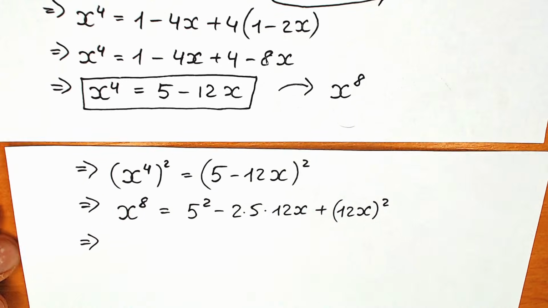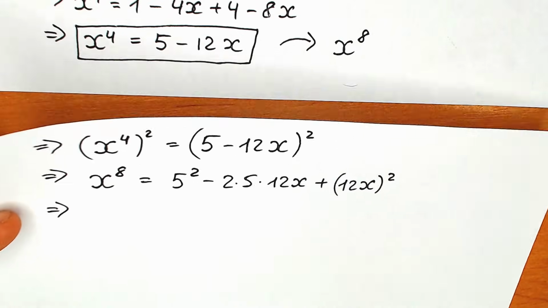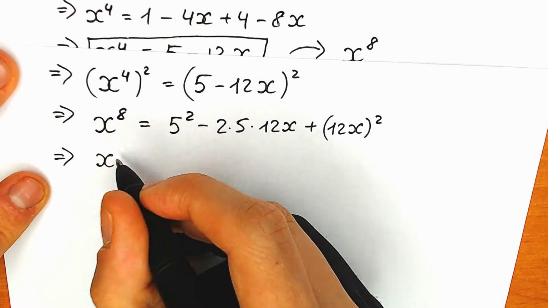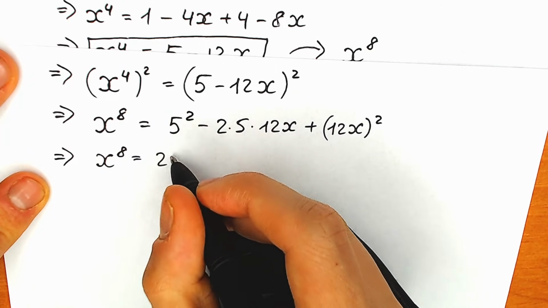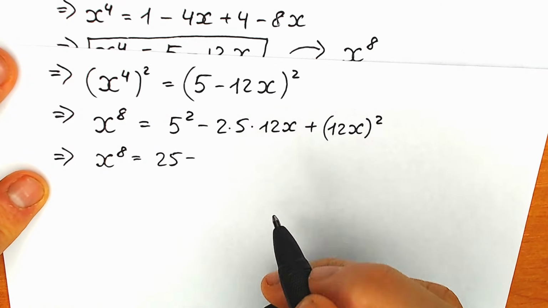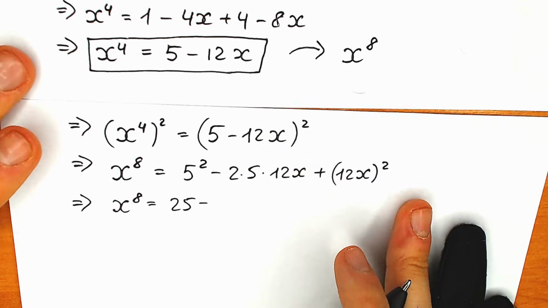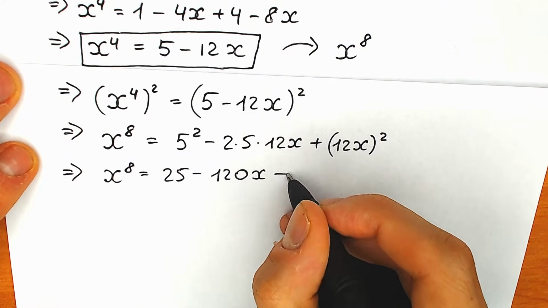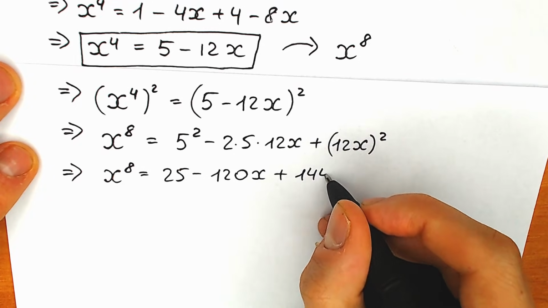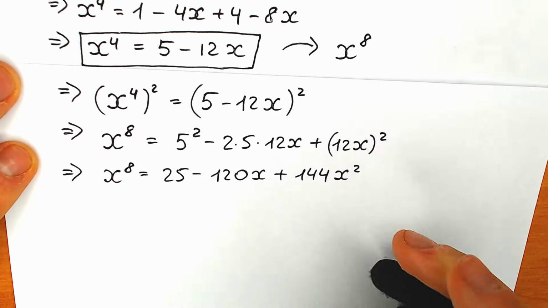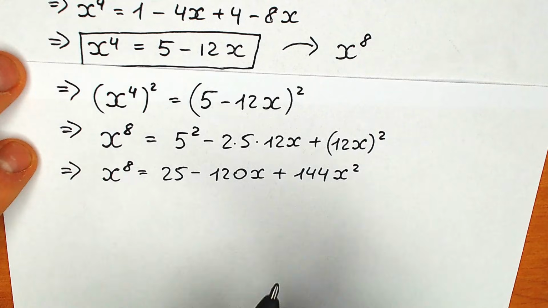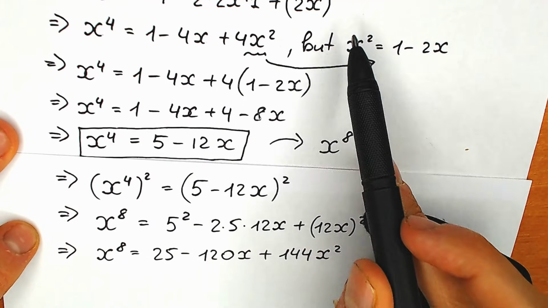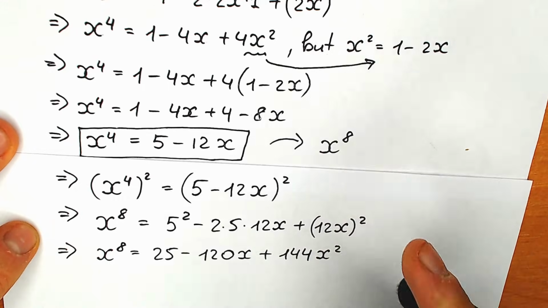So we have x to the power 8 equal to 5 squared, 25, minus 2 times 5 times 12 equal to 120, so minus 120x, and plus 144x squared. But the main thing, the same thing as we did before, when we have this square, we remember this identity, this formula, x squared equal to 1 minus 2x.